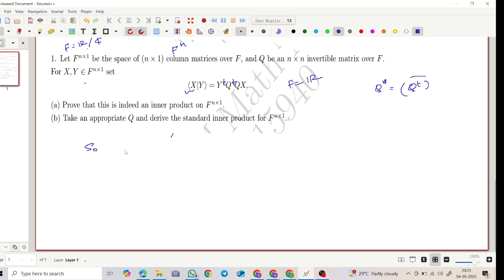First of all, what is the inner product of X with X? That is X transpose Q transpose Q X, right? And that is (QX) whole transpose QX.